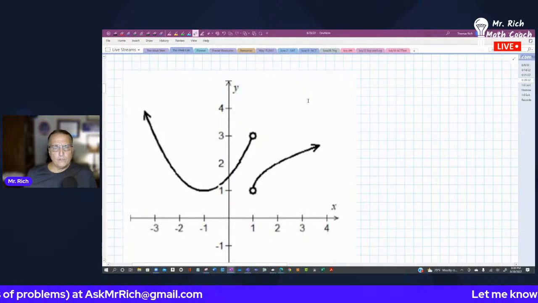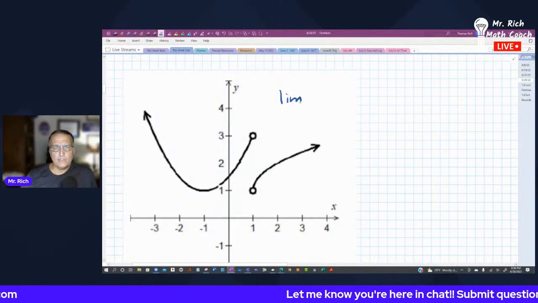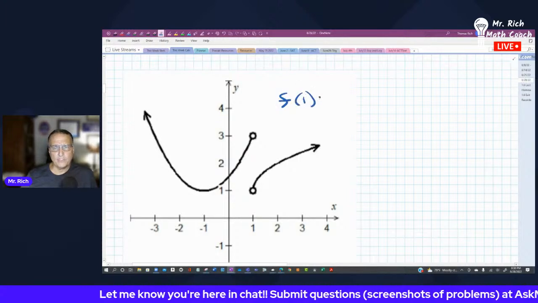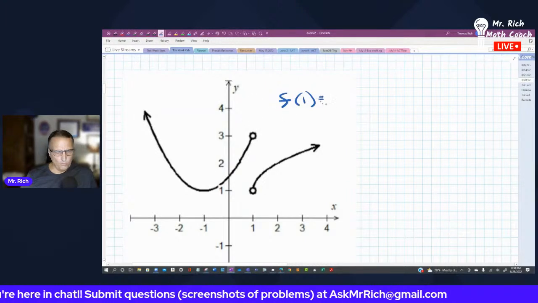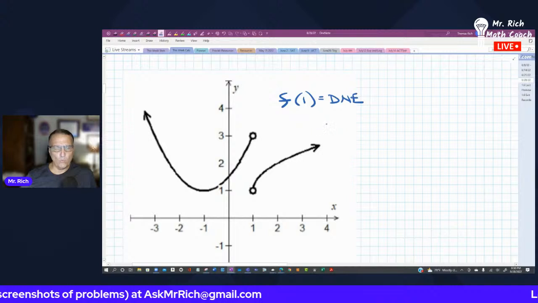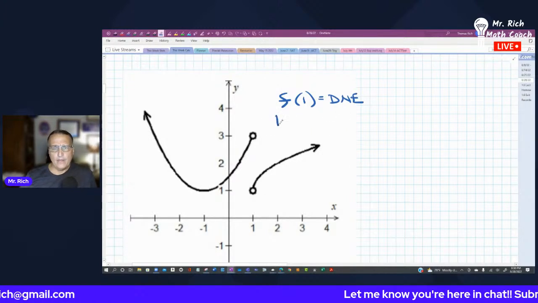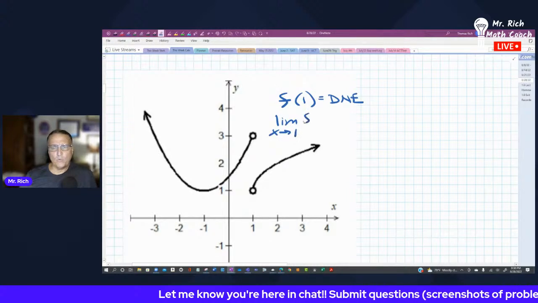Let's go here to a jump discontinuity. Let's first ask the question, does the function exist at 1 in this case? Since these are both open circles, there is no y value when x is equal to 1. So that is definitely a DNE. Now, what about the limit as x approaches 1?